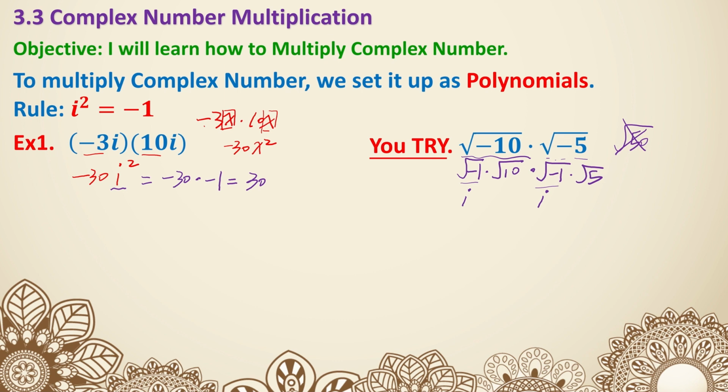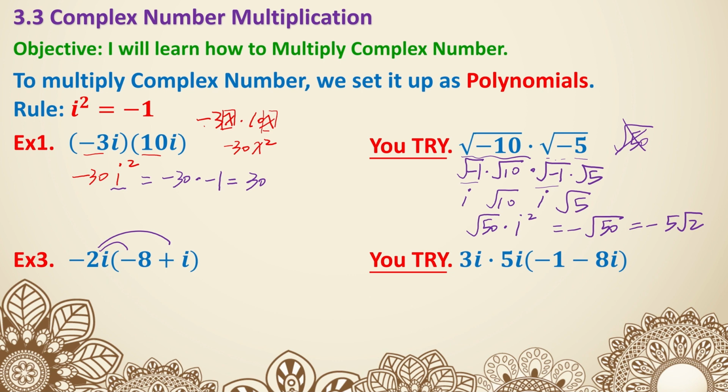And then we have the square root of 10 times the square root of 5. Together, that is the square root of 50 times i squared, which is negative square root of 50, but we do need to simplify the square root of 50. That is going to be negative 5 square root of 2. There you go.